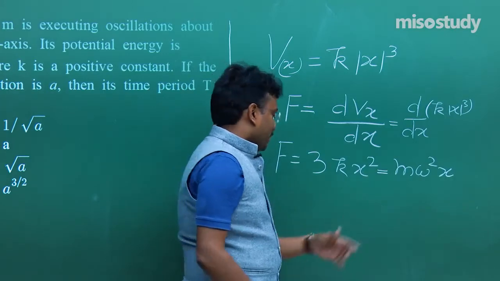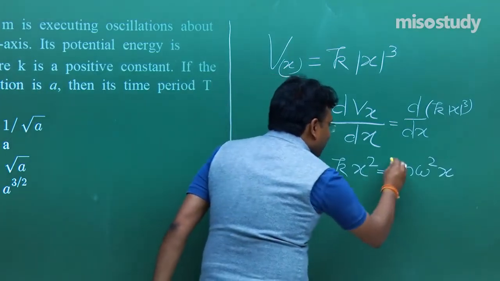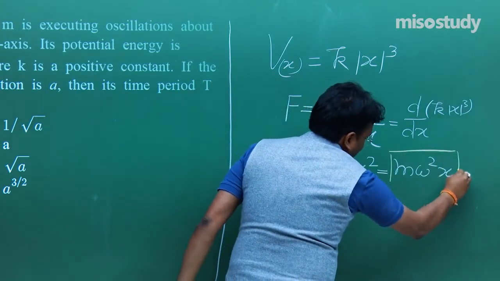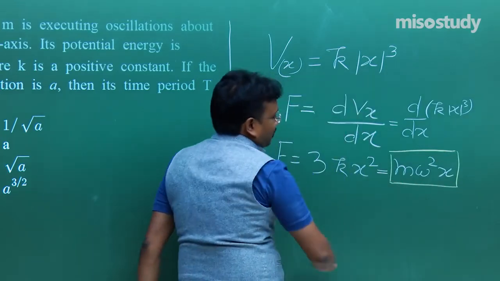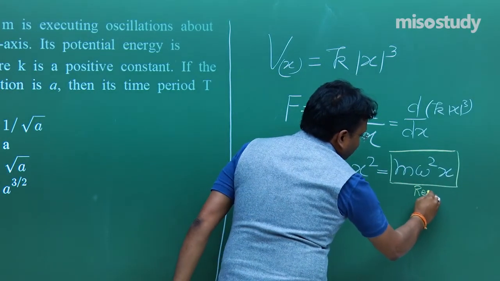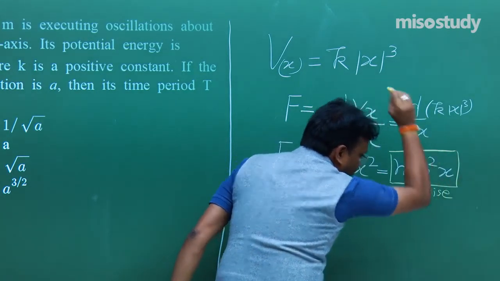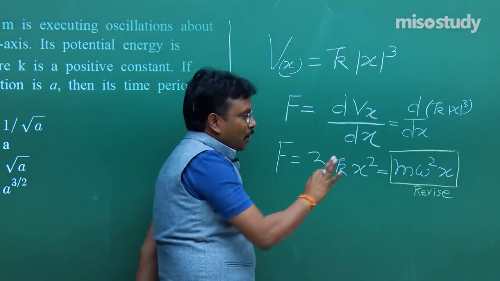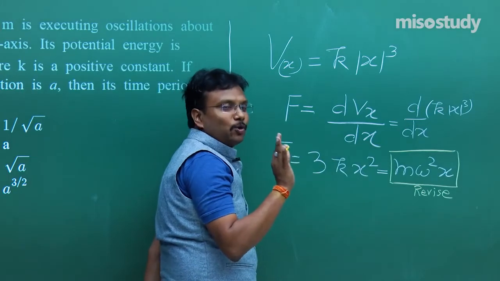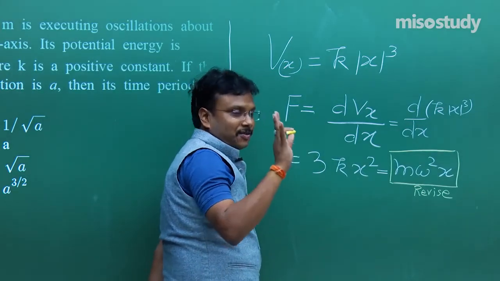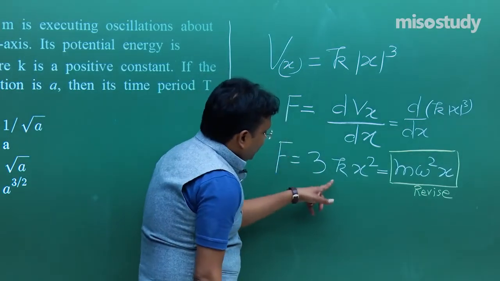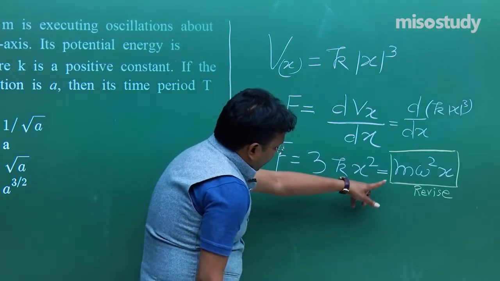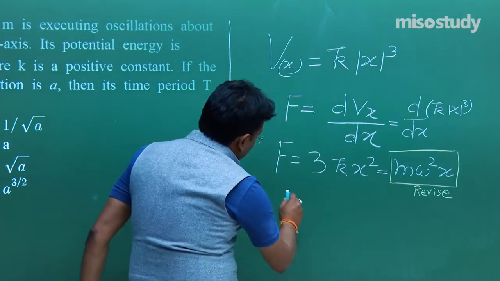Now this equation, obviously, revise. Very simple thing you have to revise. If you are unable to recall it, at least you have to go through our video lectures. Fine. So 3k x square is equal to m omega square x.